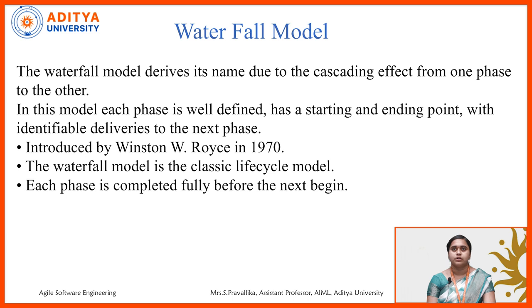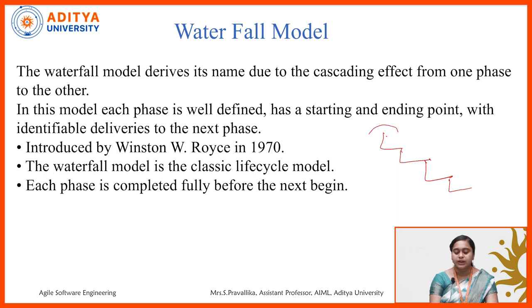What does the waterfall model represent? The waterfall model derives its name from its cascading effect from one phase to another. What does the cascading effect mean? Once the first phase is completed, we navigate to the second phase, then to the third phase, then to the fourth phase.